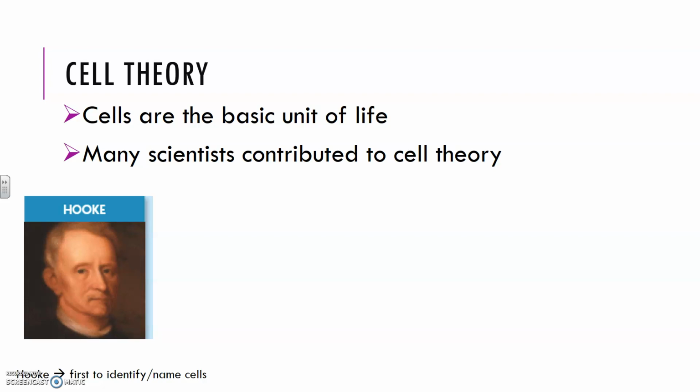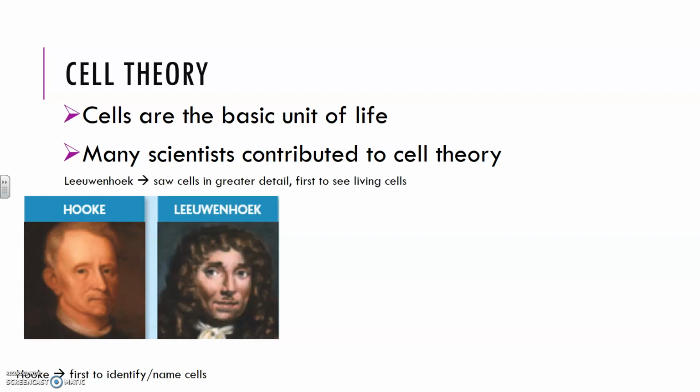Okay. Next up, we have a scientist that has a relatively similar name. It's Leeuwenhoek. Anyway, he was the first to see cells in greater detail and also the first to look at living cells. So the cork sample that Hooke was looking at is not living.